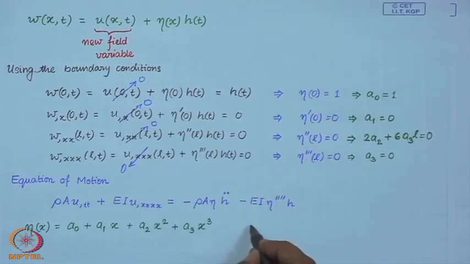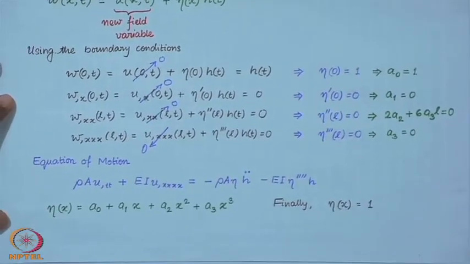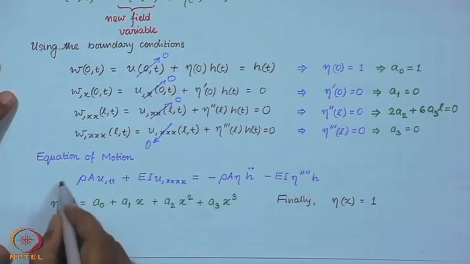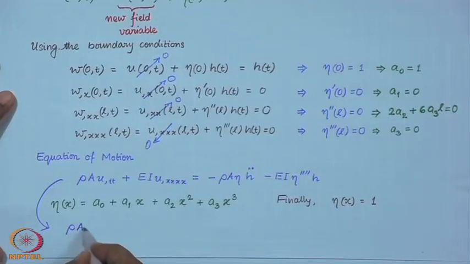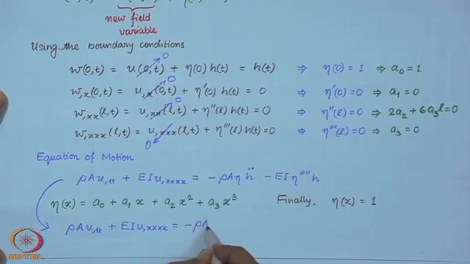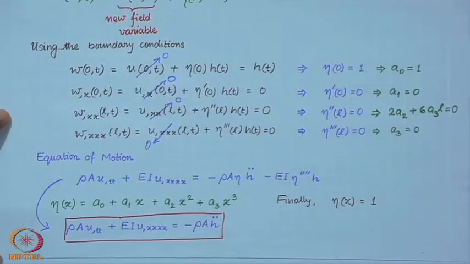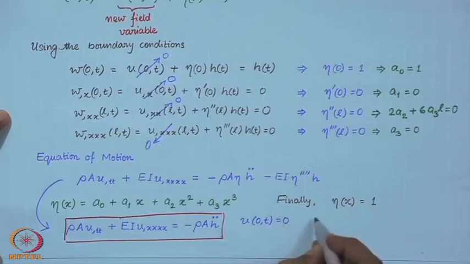finally, and therefore, the equation of motion, so what we obtain from here, so this is the equation of motion, and this is accompanied by boundary conditions which are all homogeneous.